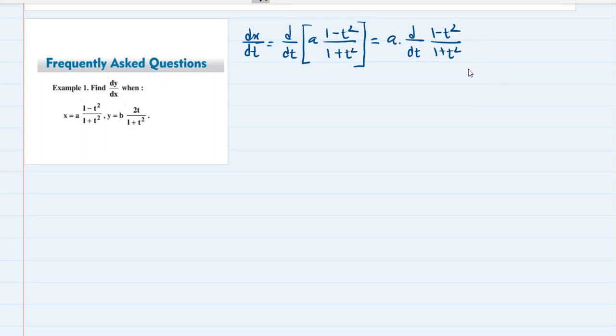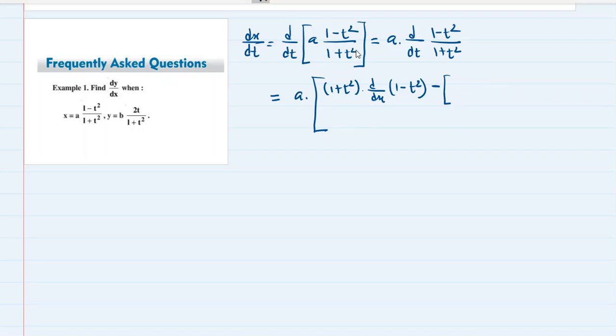Okay, so we can use quotient rule over here for finding the differentiation of this particular fraction. Let's use it. Let's write the next step over here. So a bracket, denominator is 1 plus t square multiplied by d by dt of numerator, that is 1 minus t square, minus numerator.